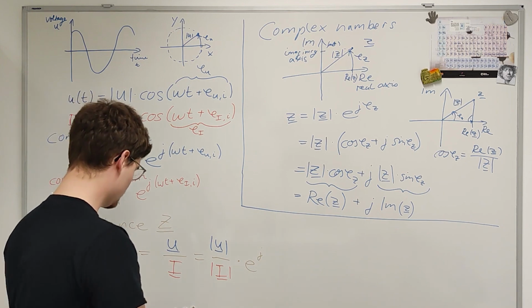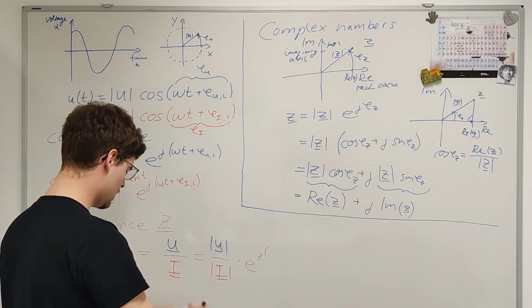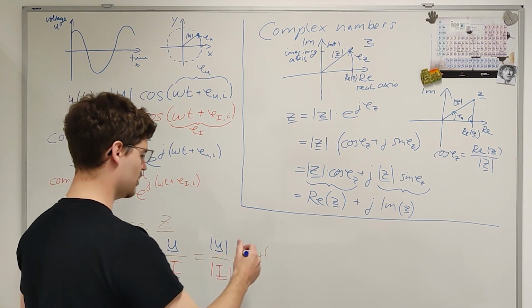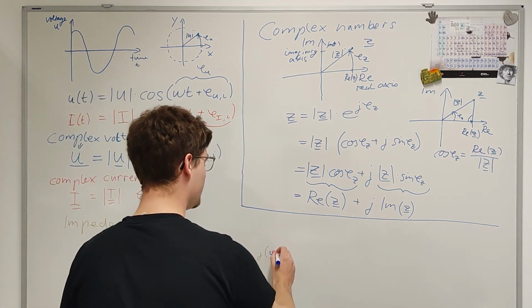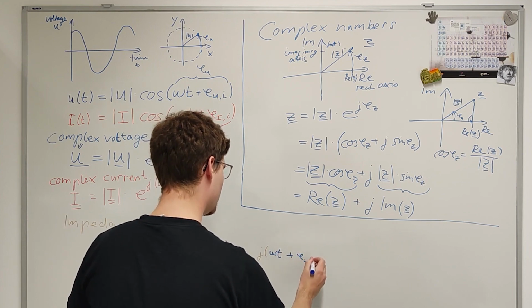Let me write this out. We'll get some term e to the j times omega t from the voltage plus phi U initial from the voltage.